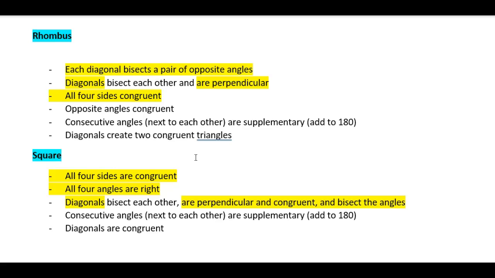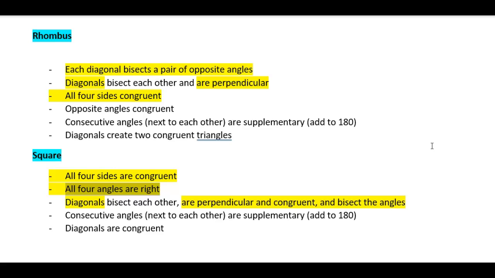And just like a square, in a rhombus all four sides are congruent. The only thing that's changing between the square and the rhombus is that in a square all four angles are right. If you follow everything that would happen in a square, it also happens in a rhombus.